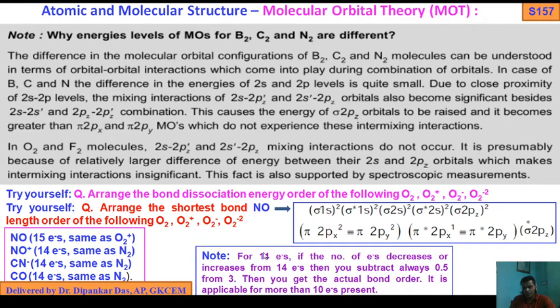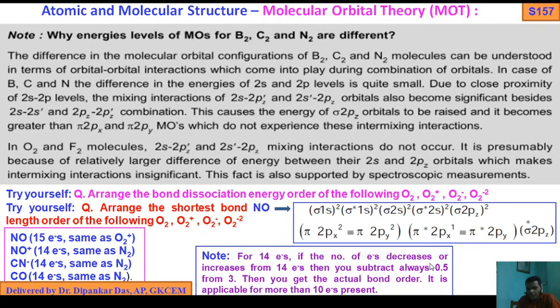Actually, how many electrons decreases? 2. So 2 decreases, then you subtract 0.5 for each. From 14 electrons to 12, 2 electrons decrease, so always 0.5 from 3, that would be 2.5, but it is not 2.5.